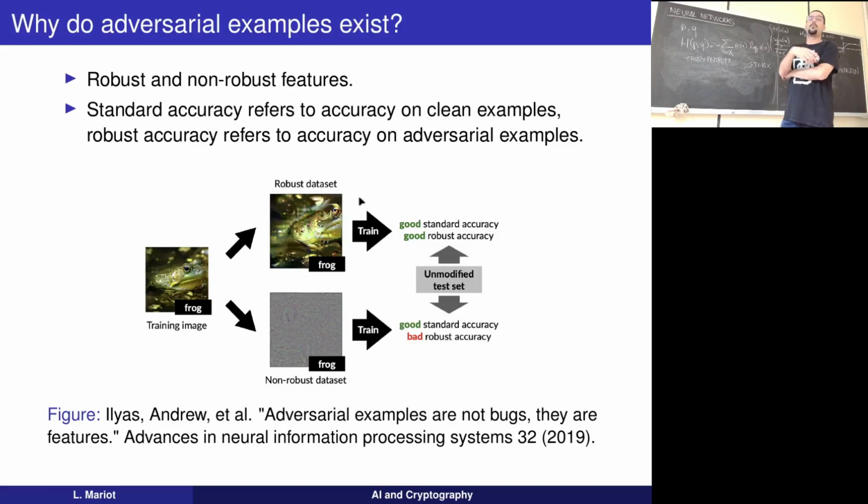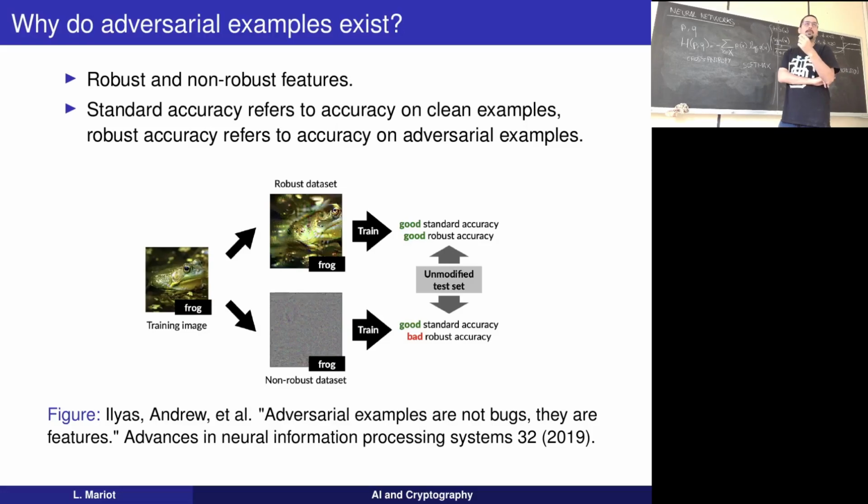On the other hand, robust accuracy refers to accuracy also on adversarial examples. So if you train over robust features, basically you will also have a robust accuracy, and you will have a deep neural network that is not easily fooled by an adversarial example. Of course, like we said, if you apply enough noise, in the end you will always mess up the classification of a neural network.